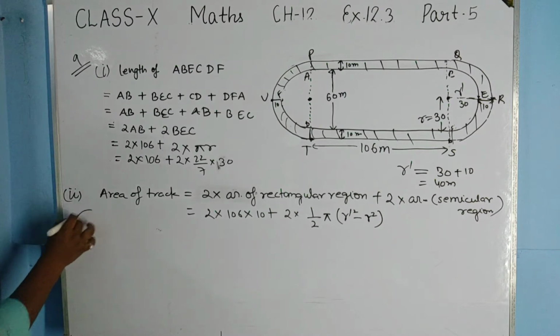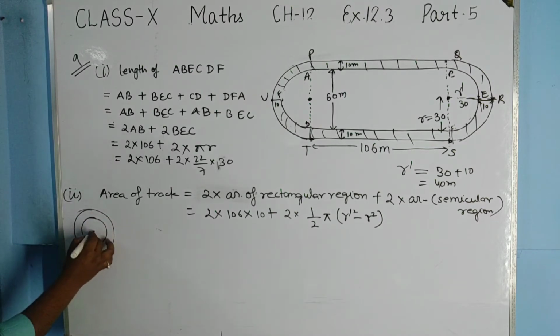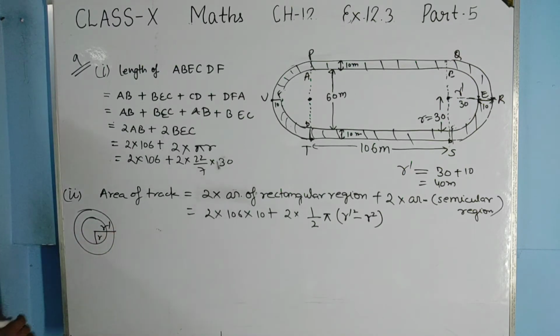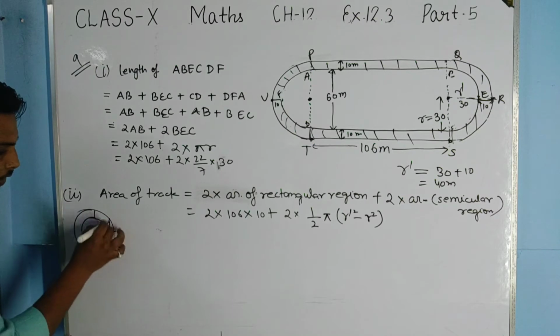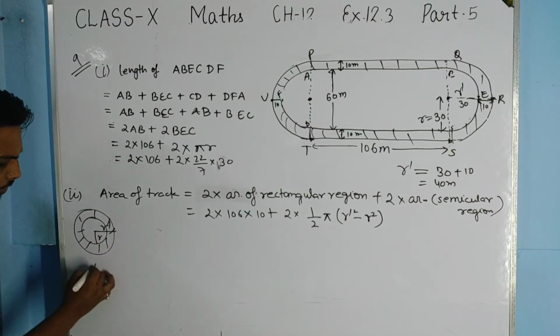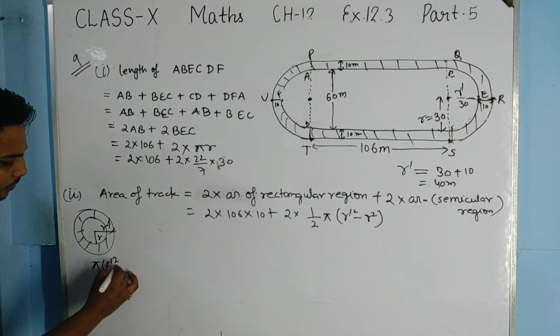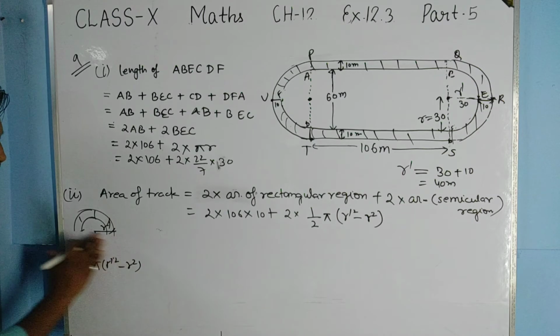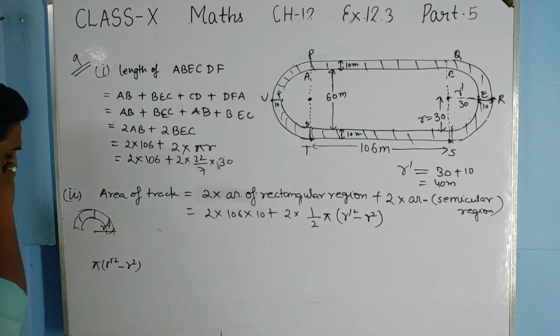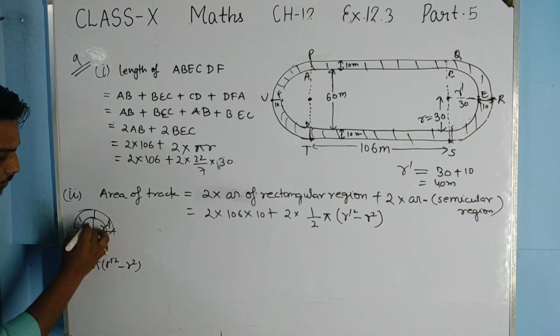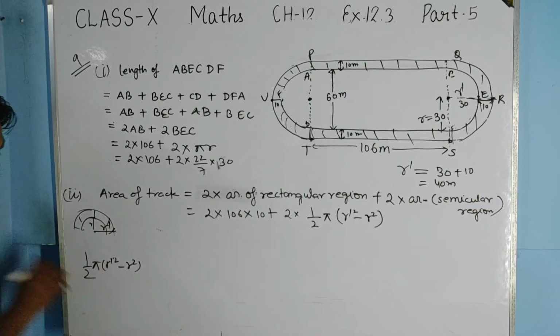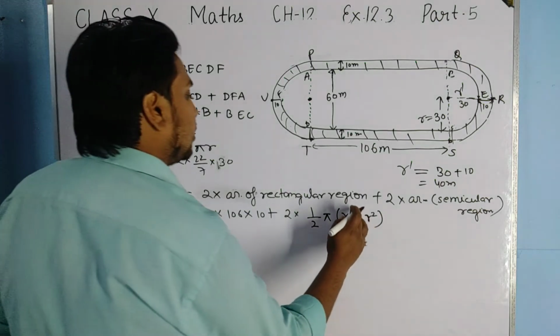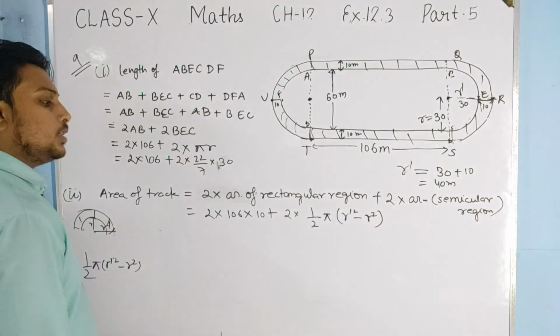See students, the area of a ring is, suppose the greater radius is r dash and the smaller radius is r, so the area of this ring is pi r dash square minus r square. But if it is a semicircle, then in that case it will be just half of the circle. So that is why I have written r dash square minus r square.